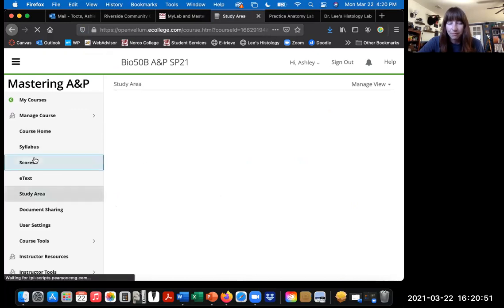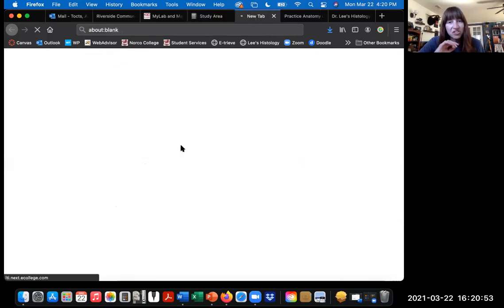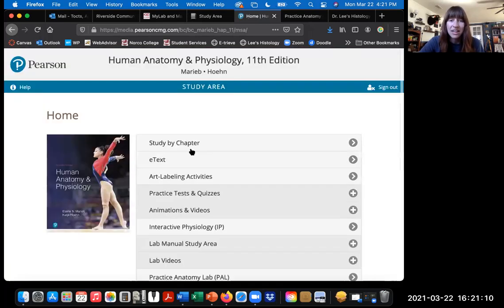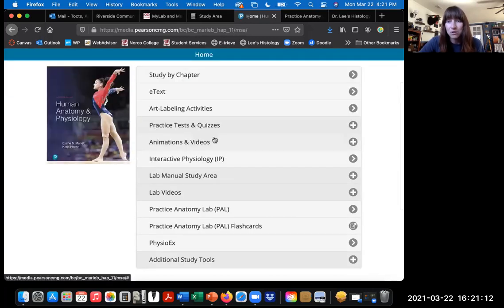Click through on there. Launch the study area in a new tab, not unlike your e-text, right? Here, if you scroll down, you see the Practice Anatomy Lab, or PAL. There's also flashcards that they make for you based on this stuff here. This whole deal, this study area, is awesome. You should be utilizing it.